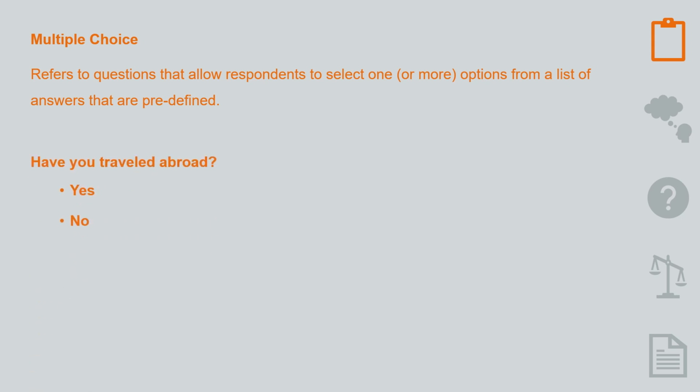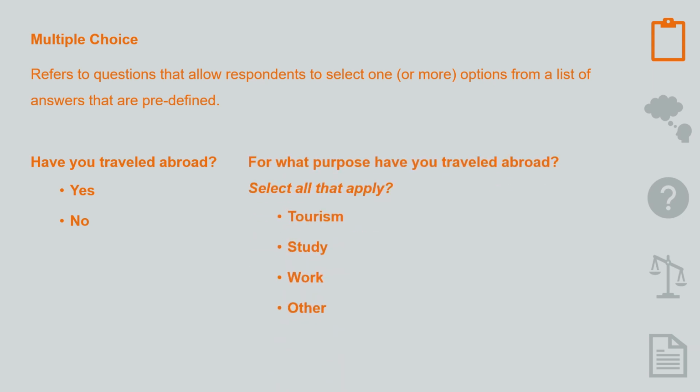And providing the choice between yes or no response options is an example of a single select question. Alternatively, asking, for what purpose have you traveled abroad? And providing a list of response options from which a respondent can select any that apply to them is an example of a multi-select question.